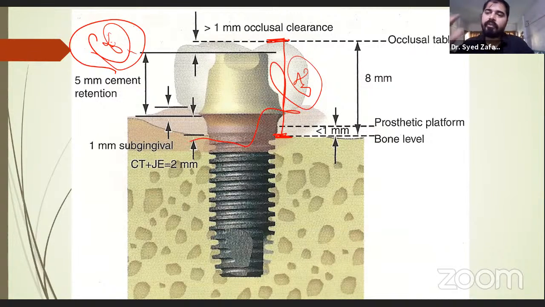After placement of the implant, if you have 5 mm of space, then place an implant. Otherwise, do something to the adjacent tooth, because if you don't have space after placement, the implant will be of no use.